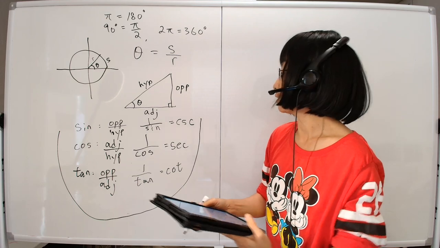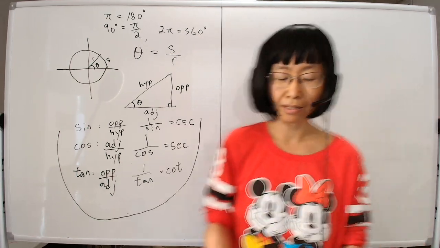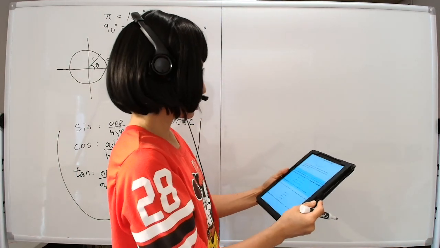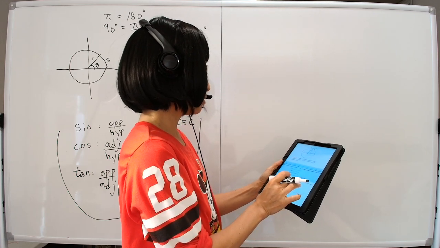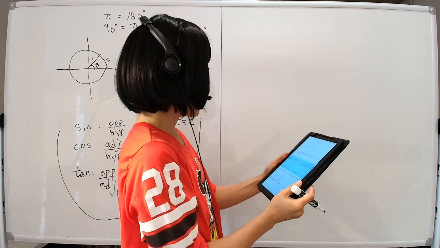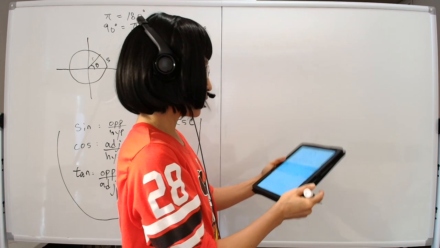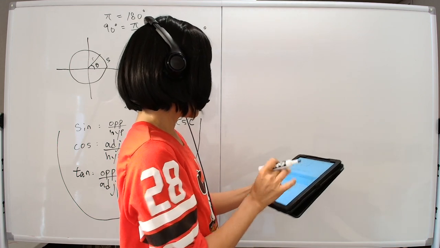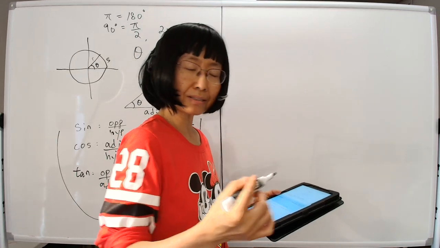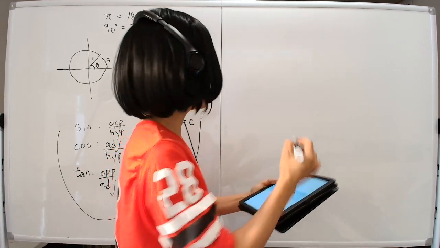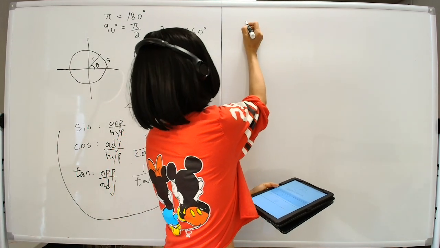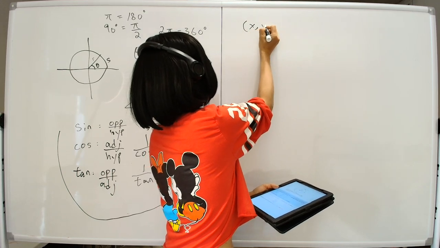And then another thing we should mention is that sine, cosine, tangent are also defined on a circle of radius r, right? Let's say you have a point on the Cartesian plane, which is xy.